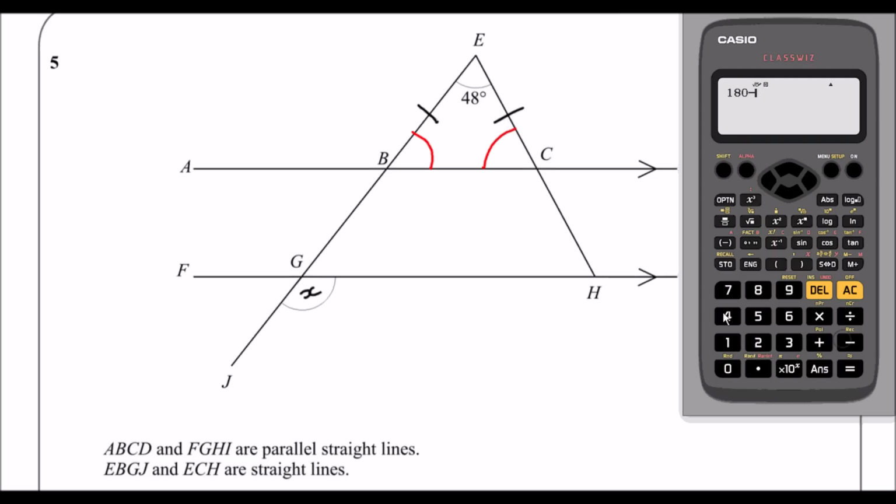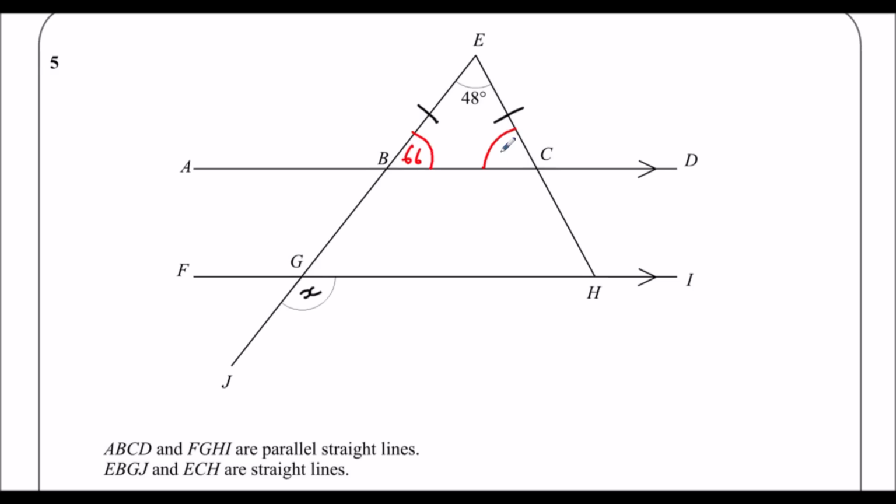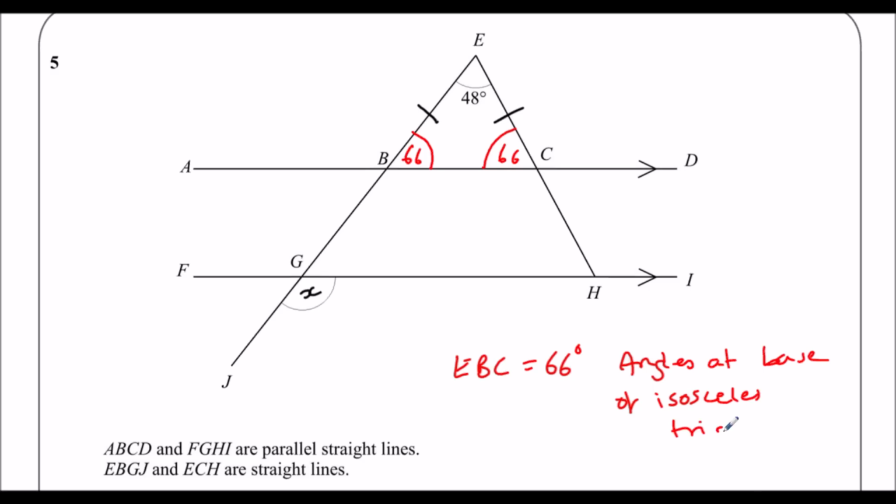So 180 take away 48 divided by 2 is 66. So we can say EBC is 66 degrees because the angles at the base of an isosceles triangle are equal.